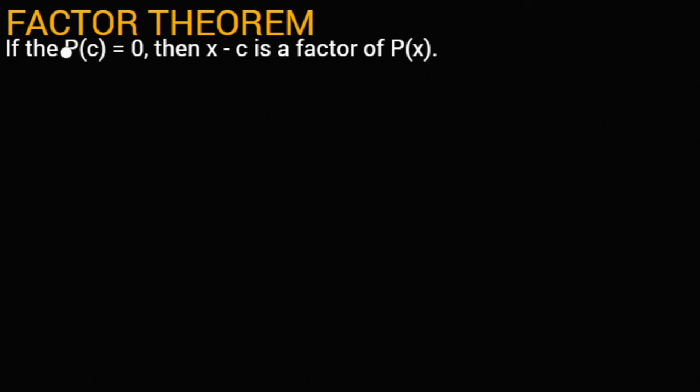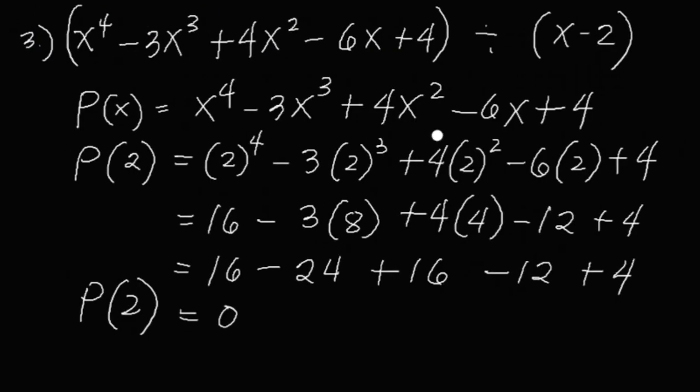So, according to factor theorem, if our remainder is 0, then x minus c is a factor of p of x. Now, if we're going to take a look at example number 3, since our remainder is 0, we can conclude that x minus 2 is a factor of x raised to 4 minus 3x cubed plus 4x squared minus 6x plus 4.